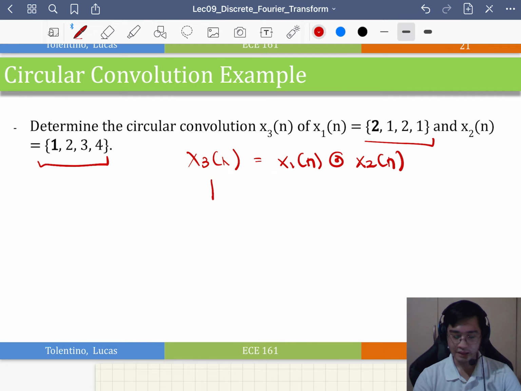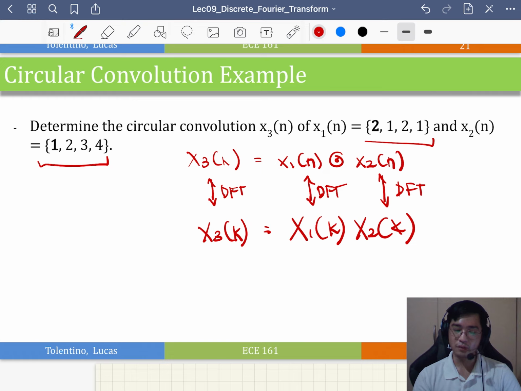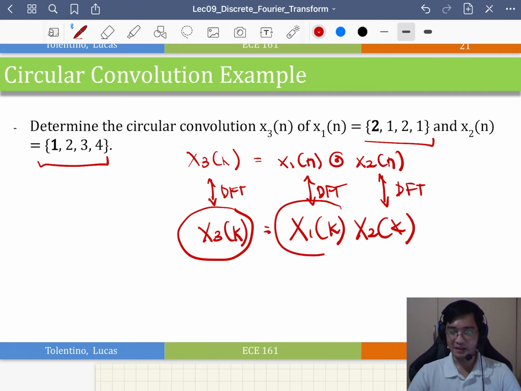If we get the DFT of x3, you have X3 of k, which is equal to X1 of k multiplied by X2 of k based on the property a while ago. So we prove that by first getting the circular convolution of x1 and x2, and then taking the DFT of that result, so we get capital X3, which should translate to the product of X1 and X2.